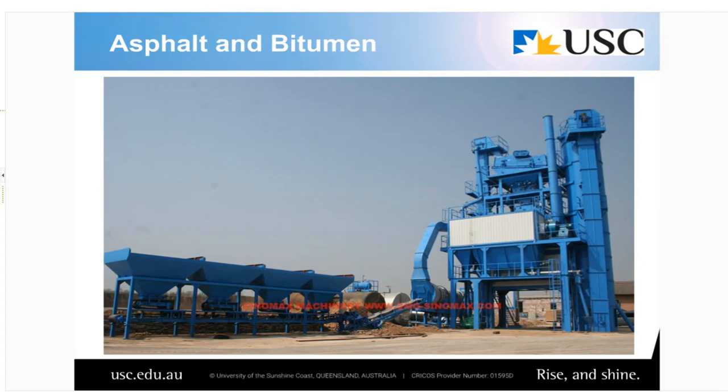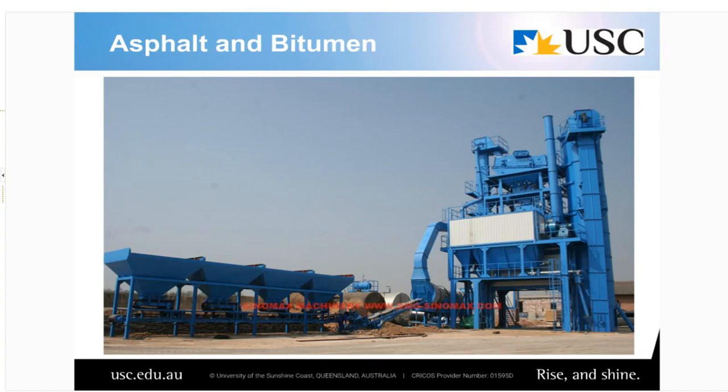A plant like that is probably at the more economical end, but they range in cost from somewhere between $4 and $10 million. You can buy them in a static mode, so you buy a block of land, you put it there and you use it on that block of land for the next 10 or 15 years, or they can come in mobile versions, which are essentially the same plant but just designed to be containerised and able to be trucked around the country and set up essentially wherever you require it for a short duration.